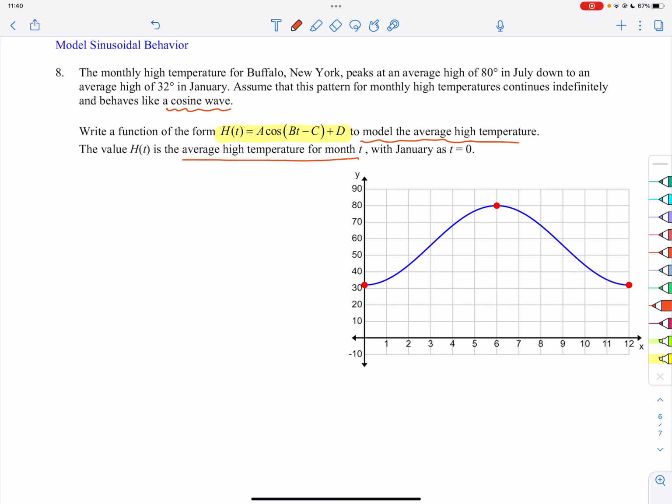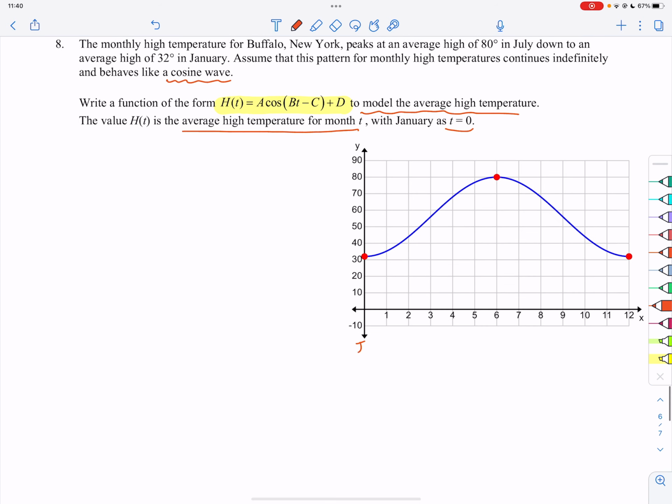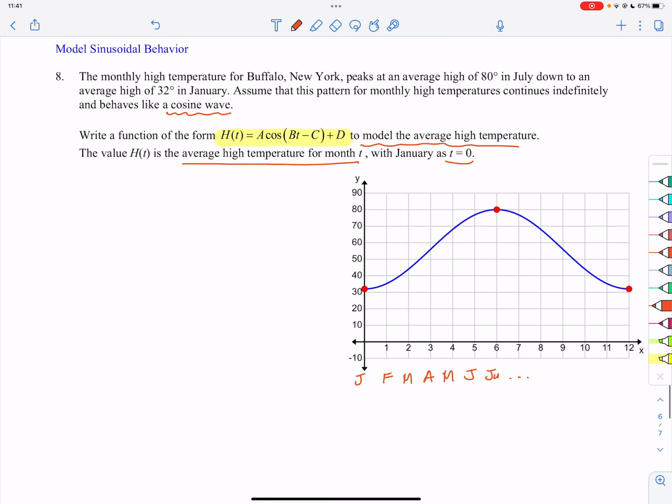Now notice when we said July was 6, that's because January is t equal to 0. So this is actually January, February, March, April, May. June is the fifth, number 5, representing x equal to 5, July, and so forth, okay? So I thought that was important to point out. Let's talk about the amplitude here.